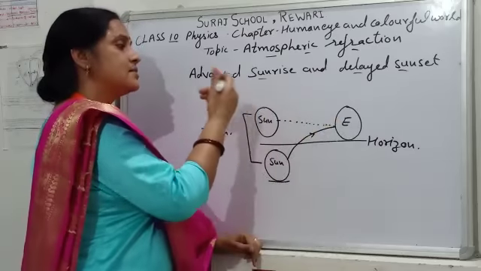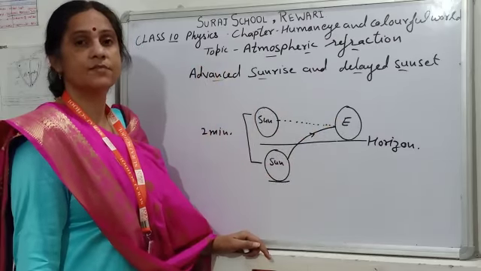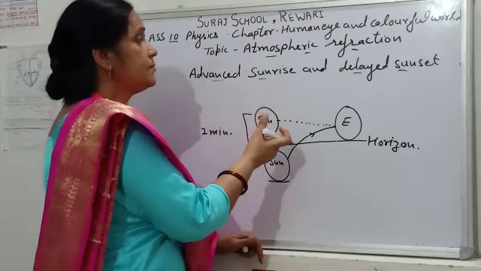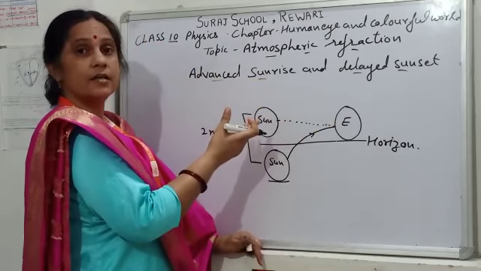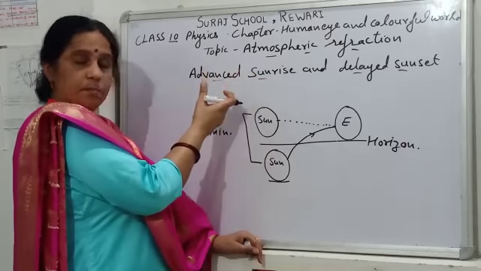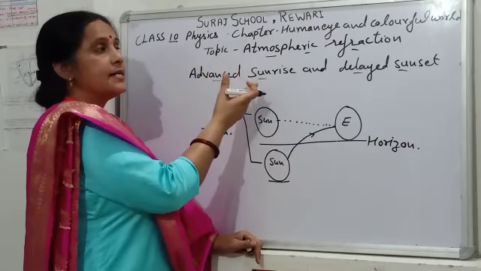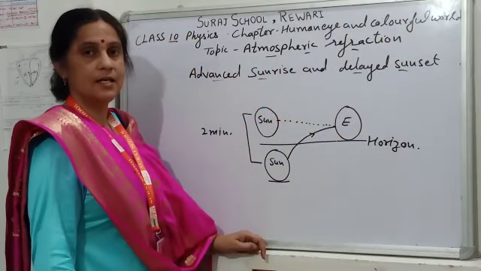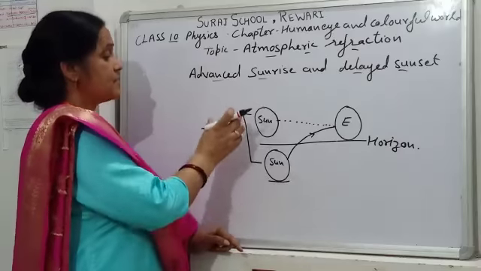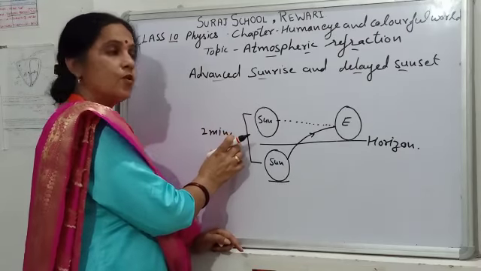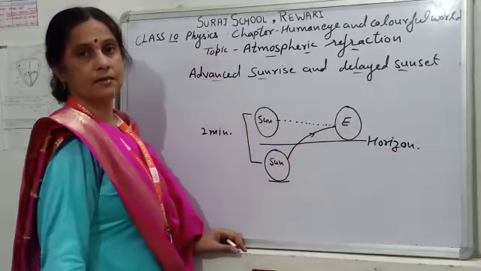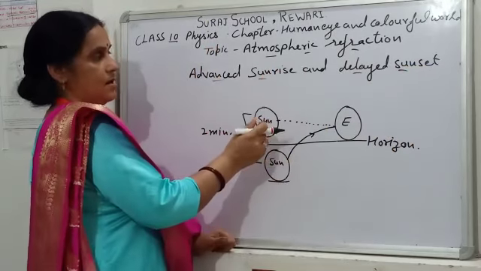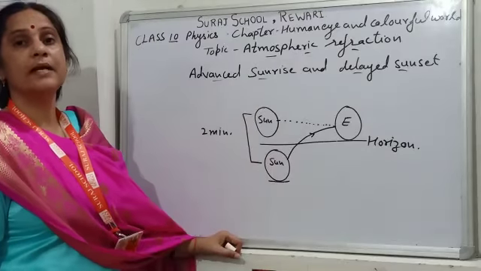And our eyes make the virtual image of the sun above the horizon. That means we get the sunshine 2 minutes before at the time of sunrise and 2 minutes after at the time of sunset. This means that our day starts 2 minutes before and ends 2 minutes later. This is the reason why our day becomes 4 minutes longer.